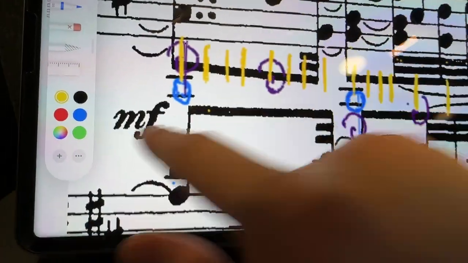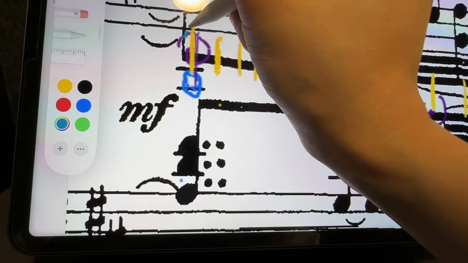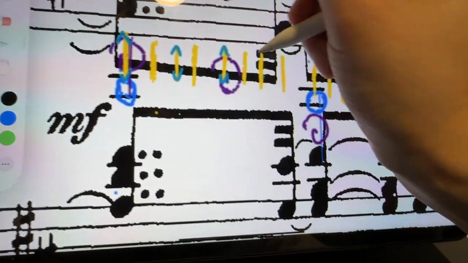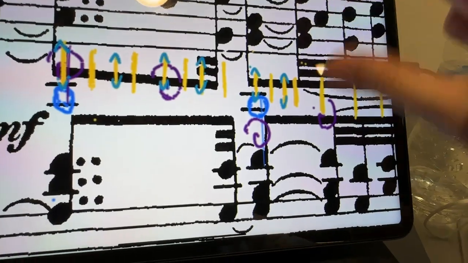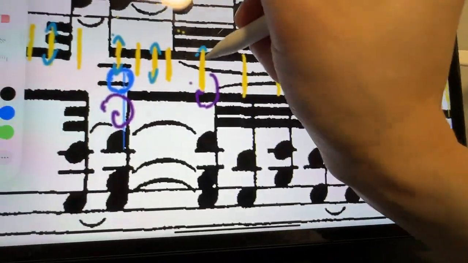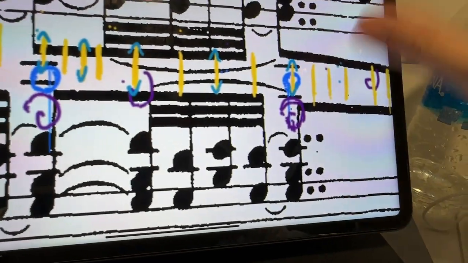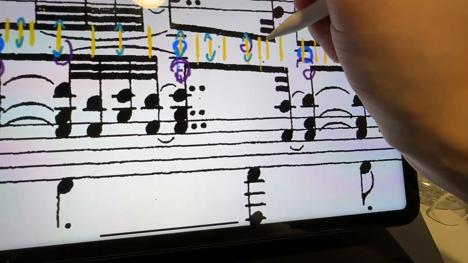now I'm going to go ahead and just mark every other one. And this was the idea that I'd come up with, just putting these little arrowheads on every other one. So this will show where the 16th notes are. And this way, at a glance, I'll be able to see how the entire measure is constructed together.